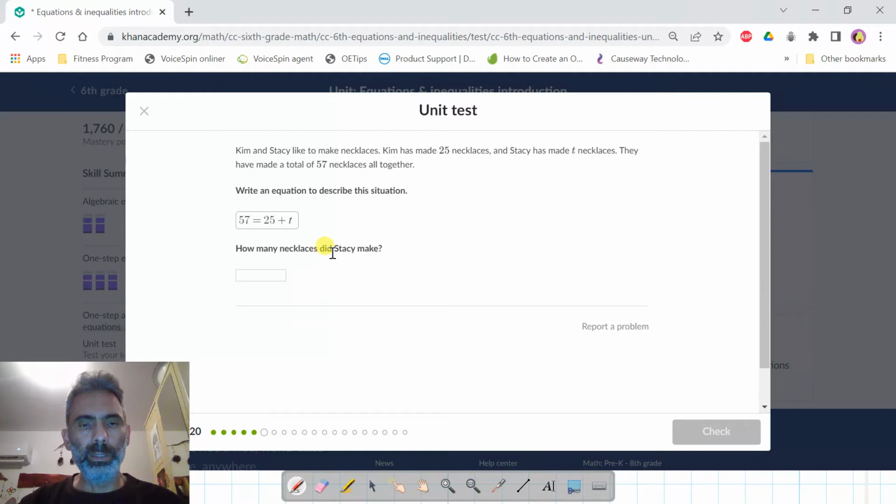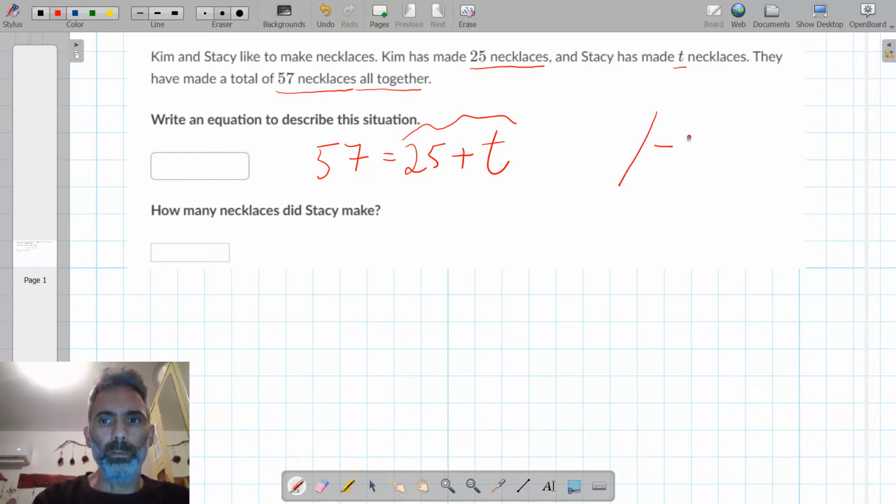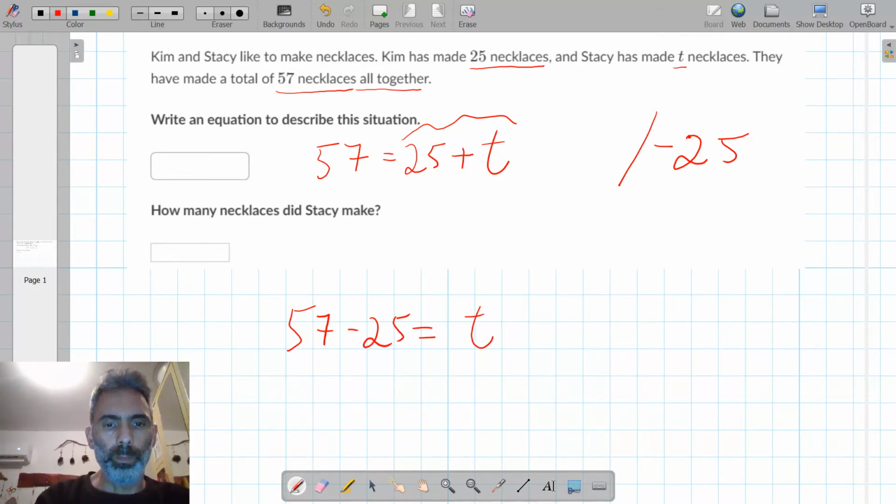How many necklaces did Stacy make? Okay, Stacy made T. So to isolate the T, we need to subtract 25 from both sides of the equation. So on the right hand side of the equation we are left with T after we subtract 25, and on the left hand side we need to subtract 25 from 55. 55 minus 25 is 30.